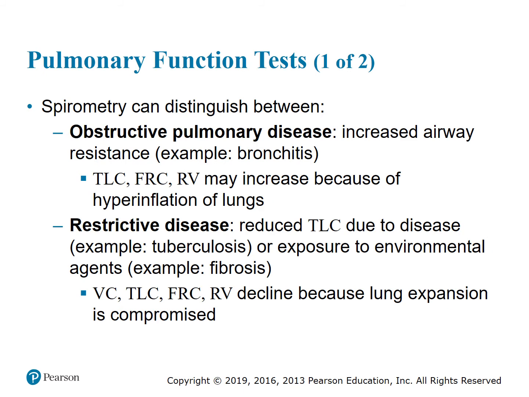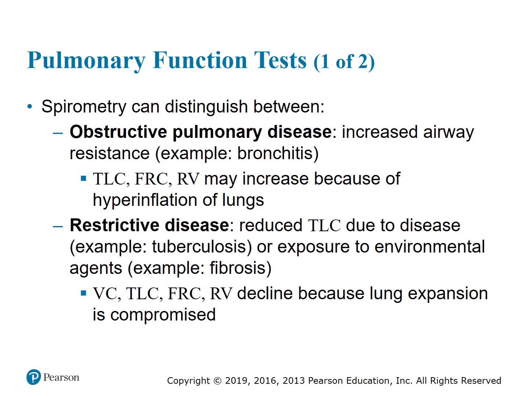Pulmonary function tests. Spirometry can distinguish between obstructive pulmonary disease and restrictive disease. Obstructive pulmonary disease is when there's an increased airway resistance due to, for example, bronchitis. And here you would have the TLC, the FRC, and the RV that may increase because of hyperinflation of the lungs.